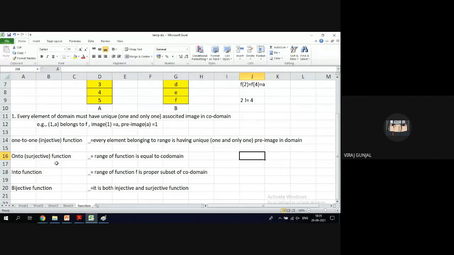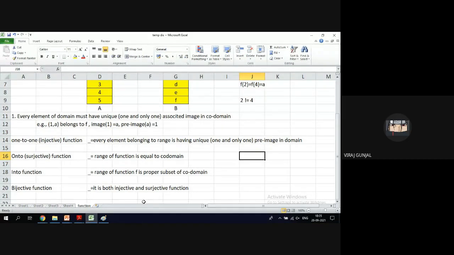Sir, both sets are whole numbers. No, so it is into. See, when we say a function is into, the range of function f is a proper subset of codomain. That means there is at least one element in codomain that does not have a pre-image in domain. So when you say it is into function, you should give one counter example.